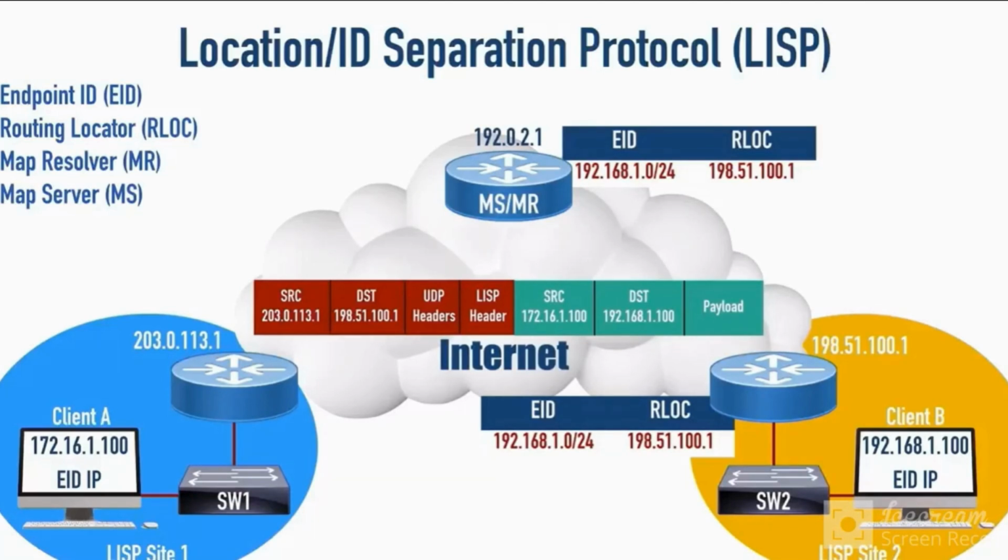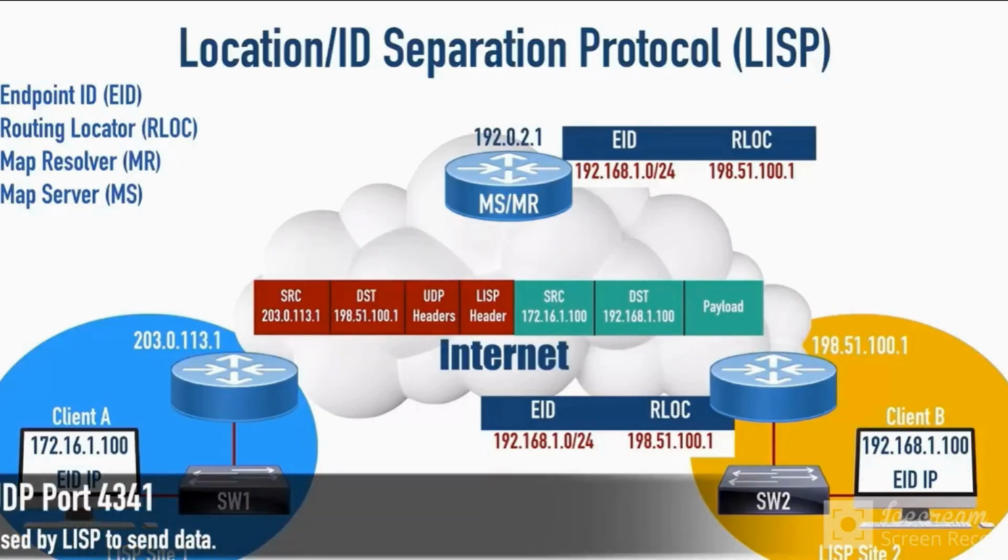That's the address of the RLOC, that router at LISP site 1, and the destination is the RLOC at LISP site 2, 198.51.100.1. And by the way, in that LISP header, it can contain information such as a VRF identifier or a VPN identifier. This is going to give us segmentation and isolation. And in the UDP header, you might want to make a note that the UDP port number that's used by LISP to send data is UDP port 4341.